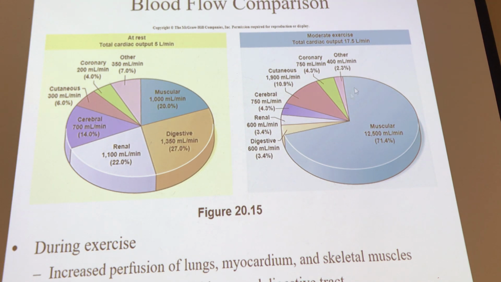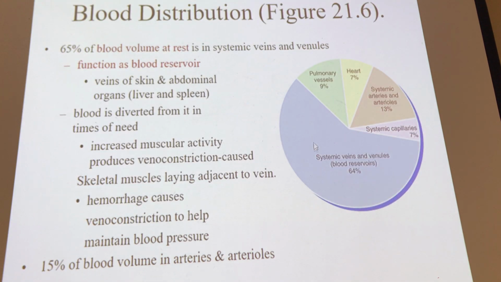Now, where do we take that extra blood flow from? Where does all that blood come from? That extra blood, because remember, right, here when you add it all up, it's only 5 liters. Now, 17.5 liters. Well, we got to get the blood from somewhere, right? Where does that blood come from? This area, right? When you start to work out, you start mobilizing the blood that was found in your veins.